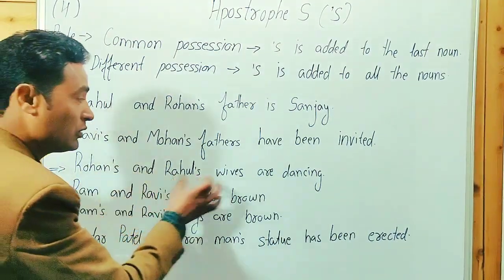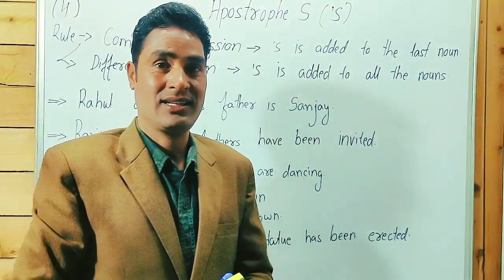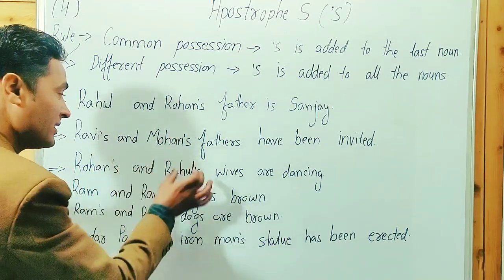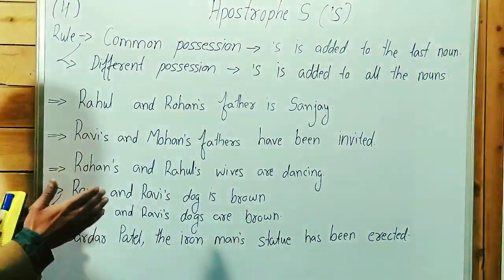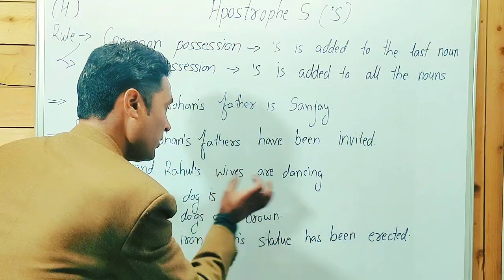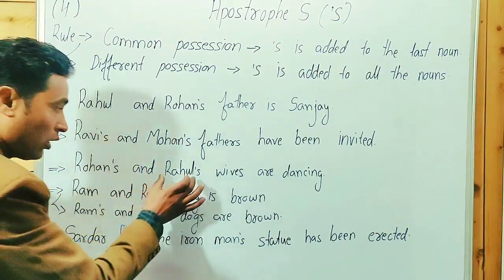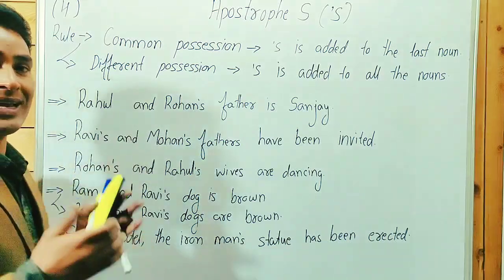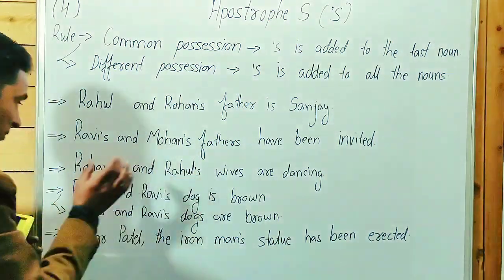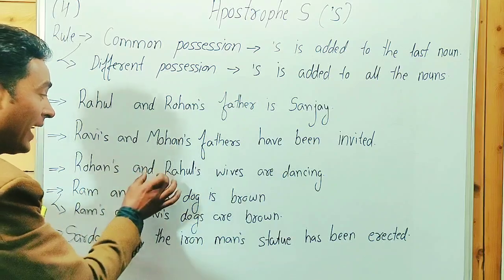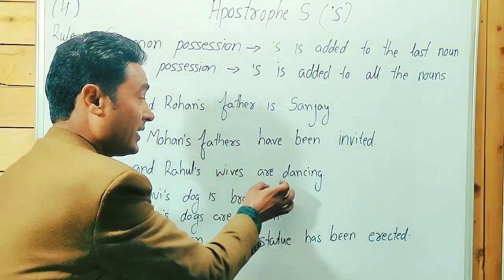Rohan's and Rahul's wives are dancing: the wives of both Rohan and Rahul. In this case, we use plural noun and plural verb, and we add apostrophe S to all the nouns. Point to be noted: Rohan and Rahul's mother is dancing.